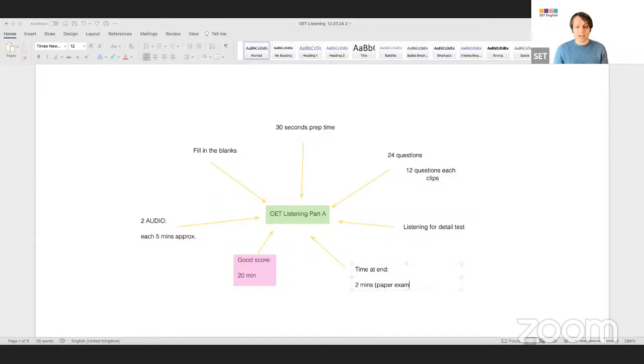What about computer, guys? 1 minute. So 2 minutes at end of part C, right? For the computer exam, it's 1 minute at the end of part A. You get 1 minute to check your answers, okay?